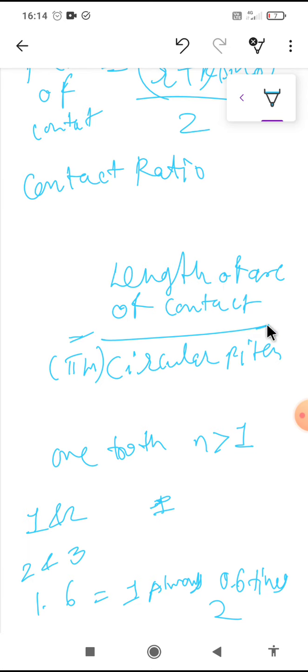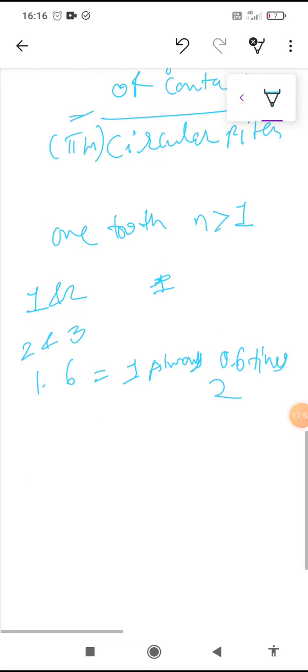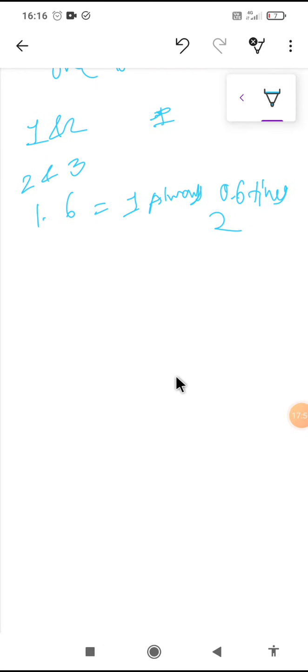Now we will see the minimum number of teeth required to avoid the interference in the next lectures. Before that, let's discuss standard tooth profiles or systems.